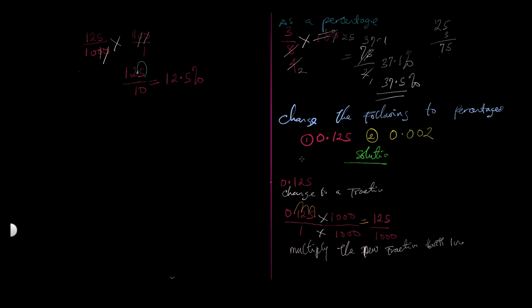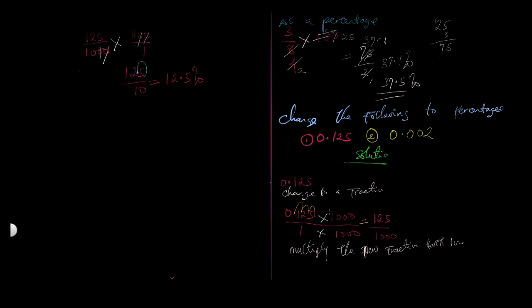That's the first step. Then look at the places of decimal. The places of decimal are the number of digits after the decimal point. So you can count 1, 2, 3. 3 places of decimal after the decimal point.